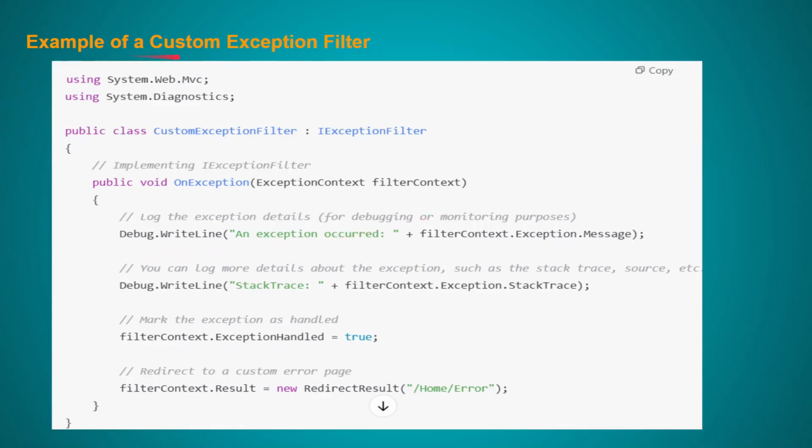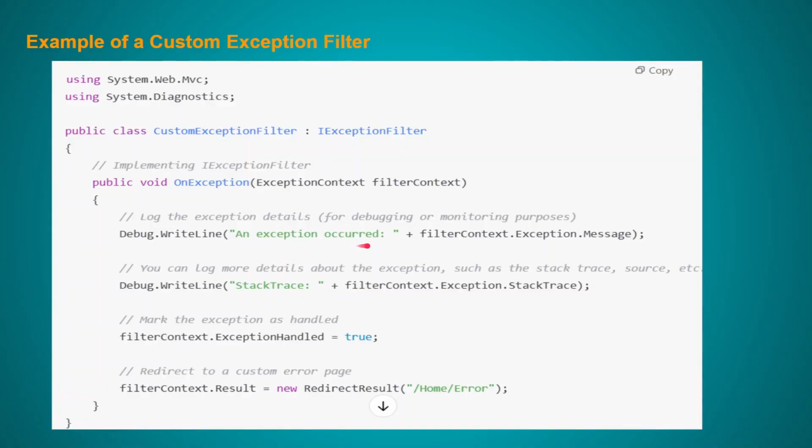So, an example of a custom exception filter. Look here, we have a custom exception filter class inherited from IExceptionFilter, and we have one method which is OnException, implementing IExceptionFilter. In Debug.WriteLine we can write our own logic, whatever we want.